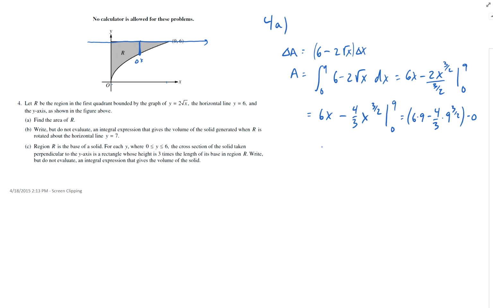That becomes 54 minus 4/3 times square root of 9 is 3, cubed is 27. 3 goes into there once, 3 goes in there 9, so it's 54 minus 36, which is in fact 18.